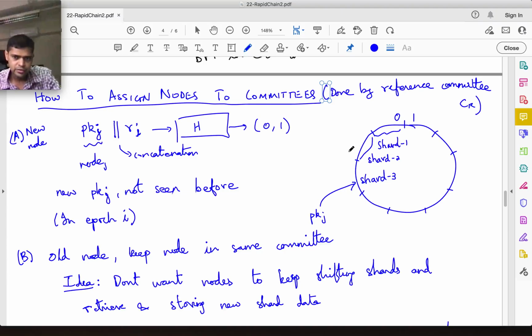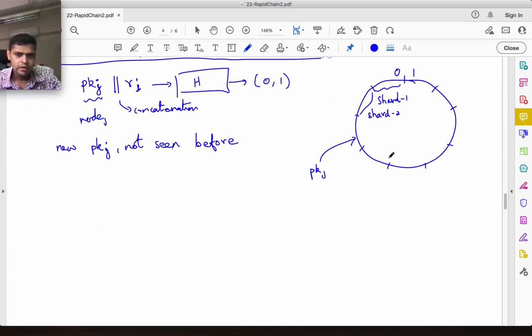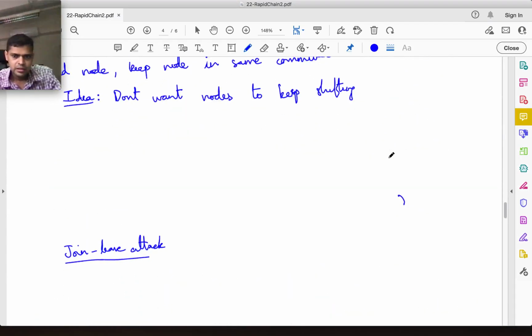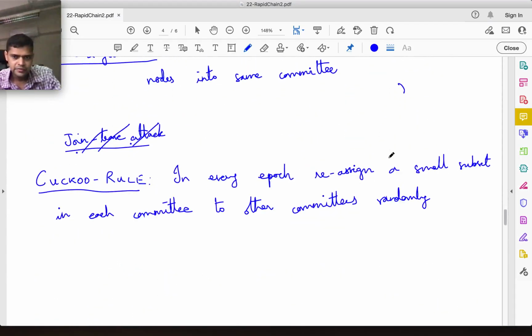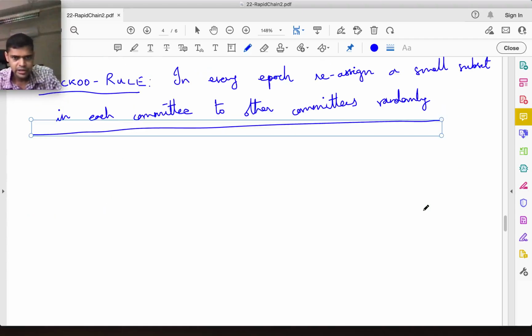Of course, new people who join will also have to be assigned to various shards. We have to assume that the fraction of Byzantine nodes in each committee is less than what the protocol is going to assume for that particular shard. Okay, let's talk a little bit about cross-shard transactions.